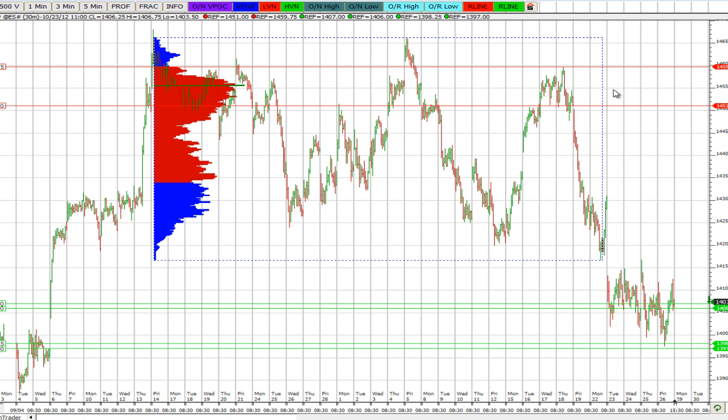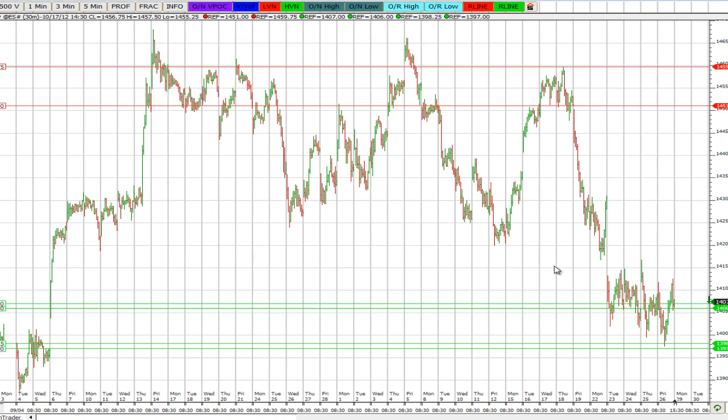Now, what's something closer to that that's also from the bigger picture perspective that'll be important to keep focusing on? Well, let's get rid of this profile to see that more clearly. We had learned that the extremes of ranges are important, and once they're broken, they act as important key reference areas.